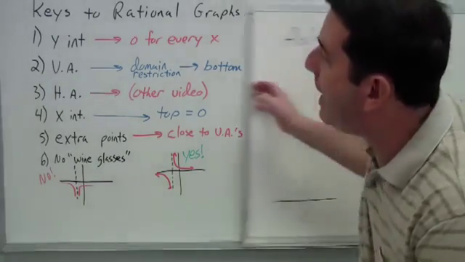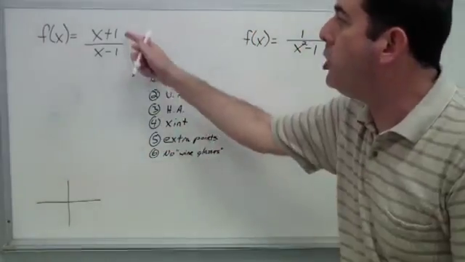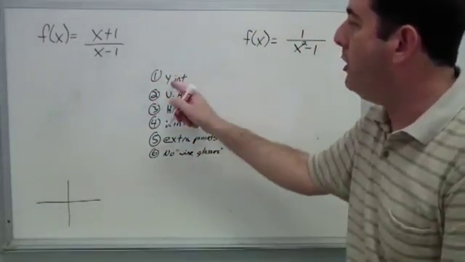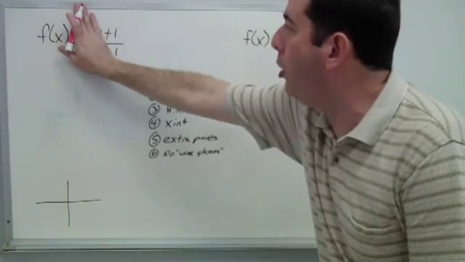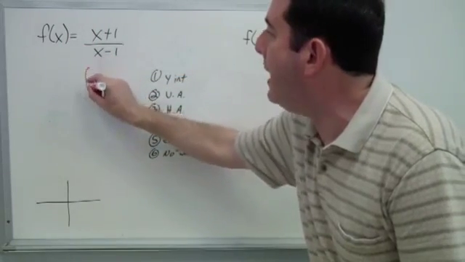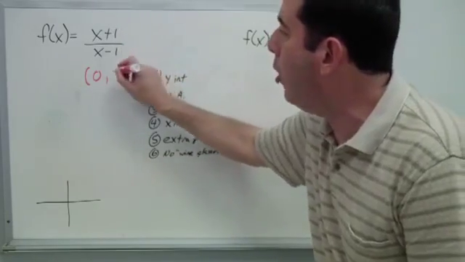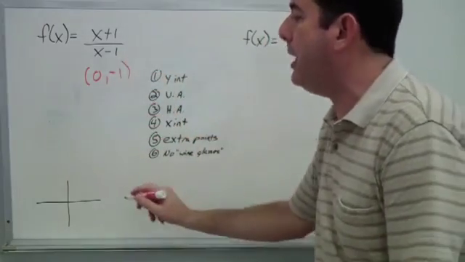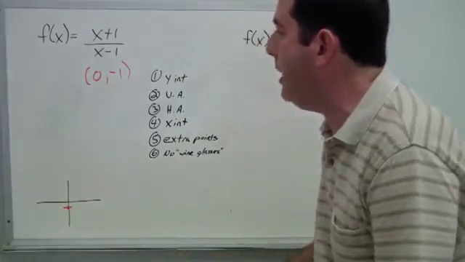Let's look at an example of finding each of these things. For the first problem, if we want to find a y-intercept, let's put 0 in for all of the x's and see what's left. If I do that, I'm left with 1 over negative 1, so our y-intercept is going to be at negative 1. There it is.